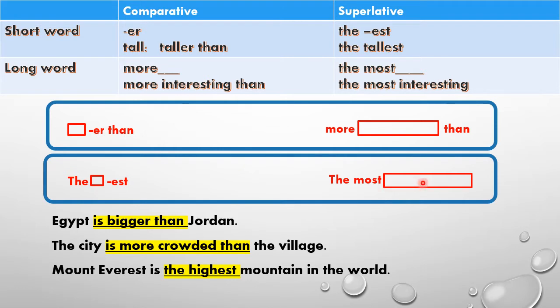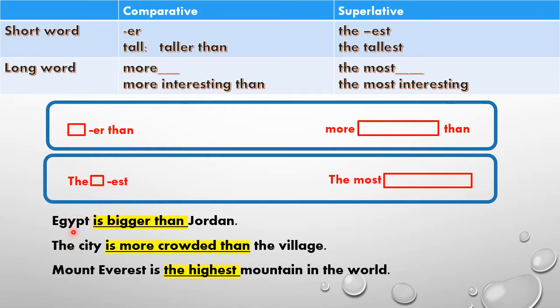This box means long word. With a long word, I say the most. So here, interesting, I put it here because it's a long word: more interesting than, or the most interesting. But here the word tall is short, a small word. So I put tall here, taller than, and I put tall here, the tallest.